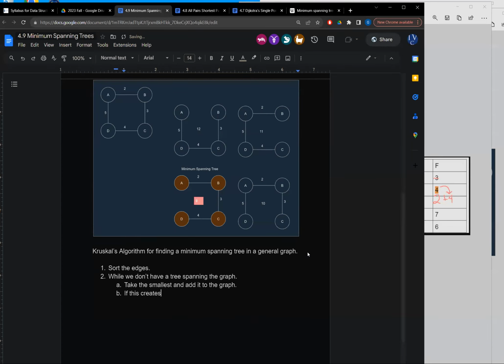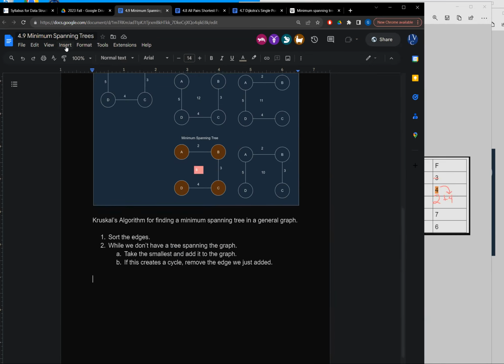If this creates a cycle, remove the edge we just added. All right, so there's not a whole lot to it.